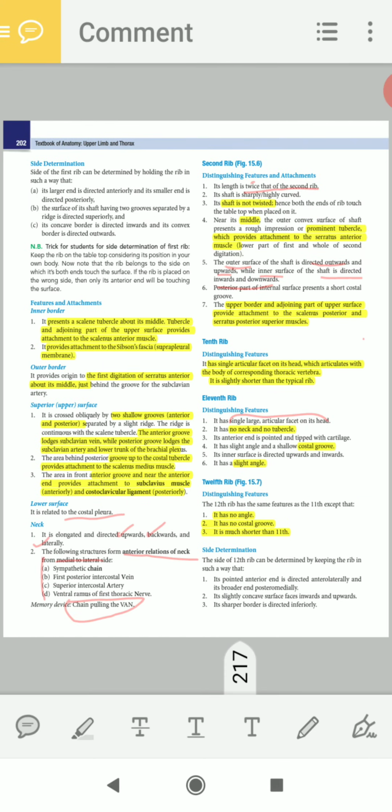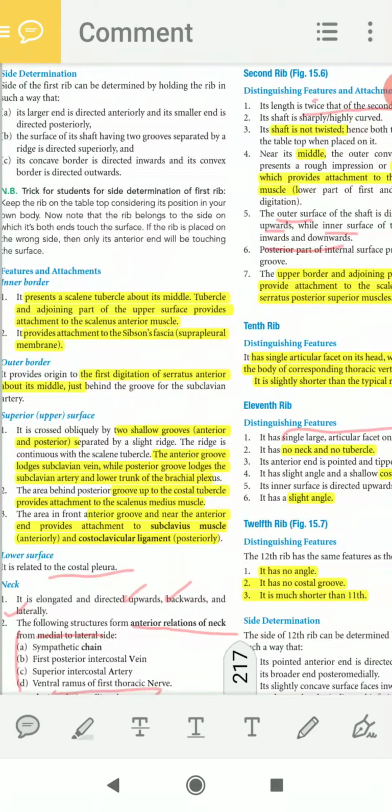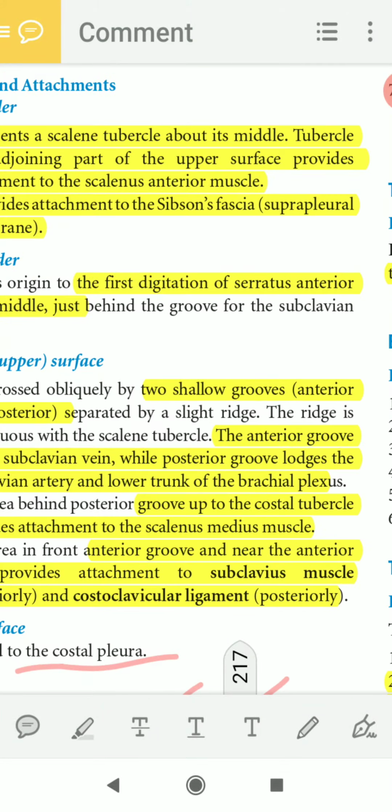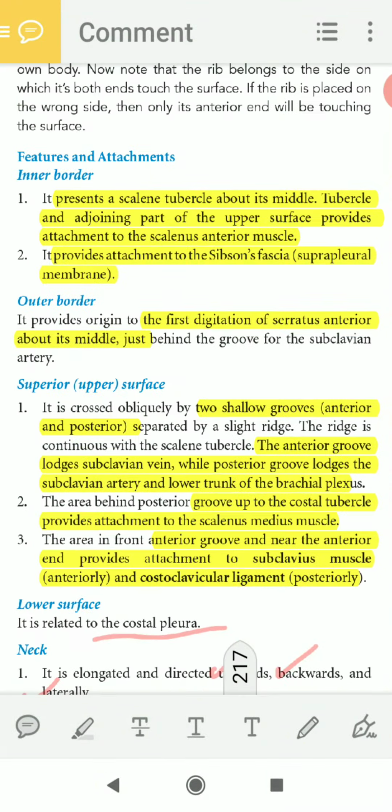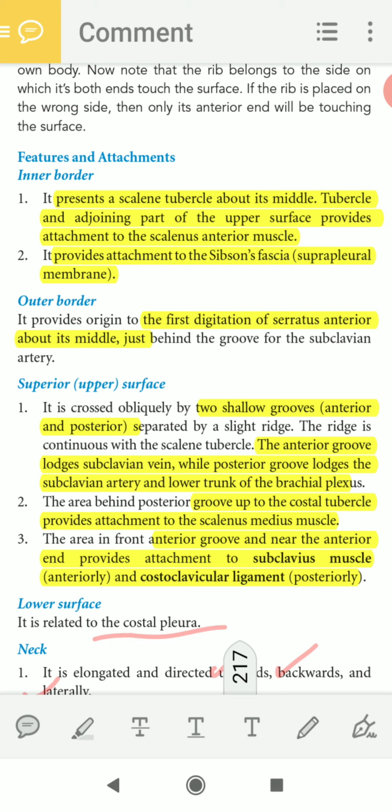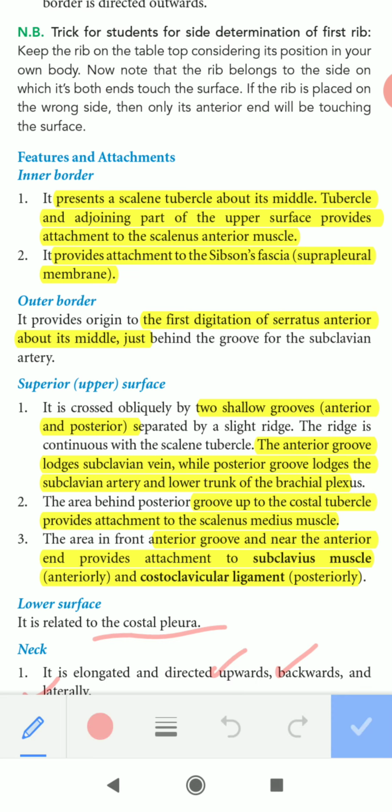Now come to the features. At first come to the inner border. The inner border presents a scalene tubercle about its middle, and the tubercle and adjoining part of the upper surface provide attachment to the scalenus anterior muscle, and it also provides attachment to Sibson's fascia.